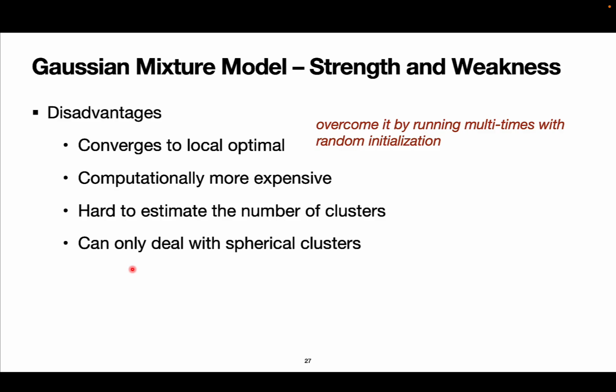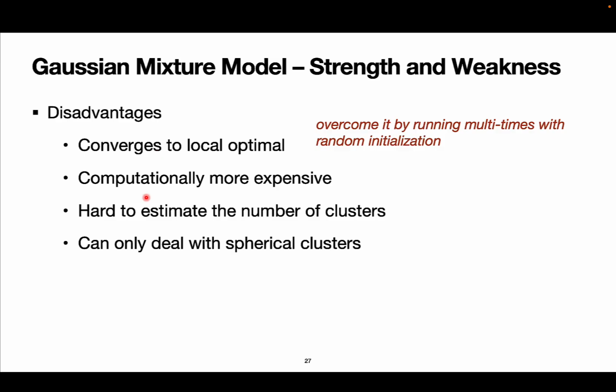There are also several important limitations. EM can converge to a local optimum, so results depend on initialization. In practice, this is often handled by running the algorithm multiple times with different random starts.